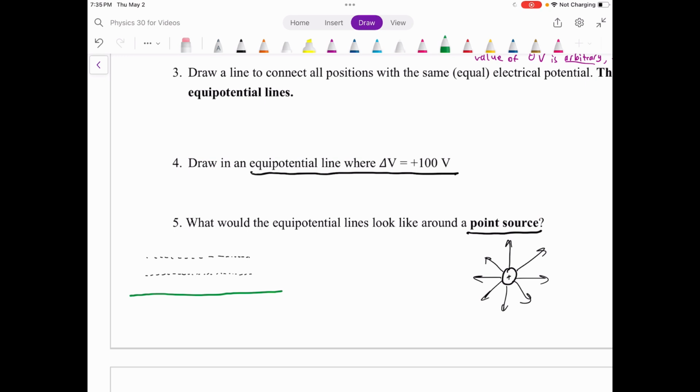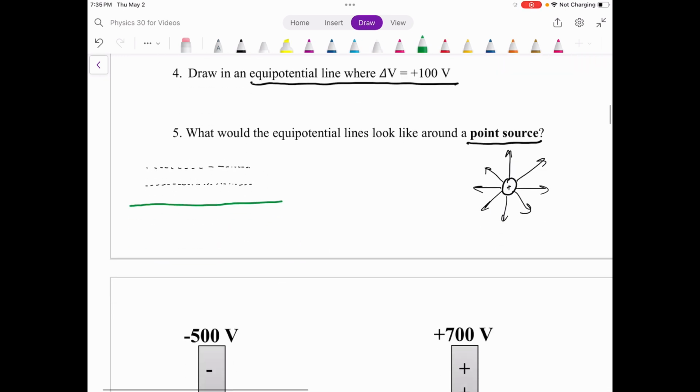But what if we zoomed out more? Because ultimately the Earth really is more like this situation if we actually zoom out and think about the whole Earth. So what would these equipotential lines look like if we were to zoom out and think about the entire Earth?